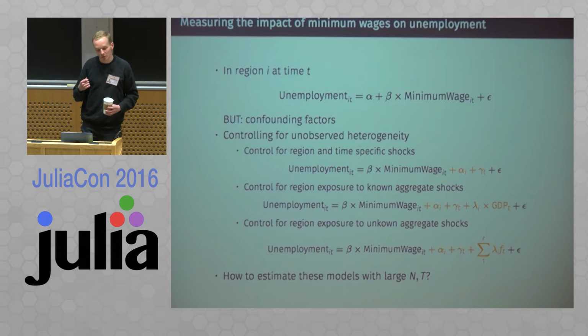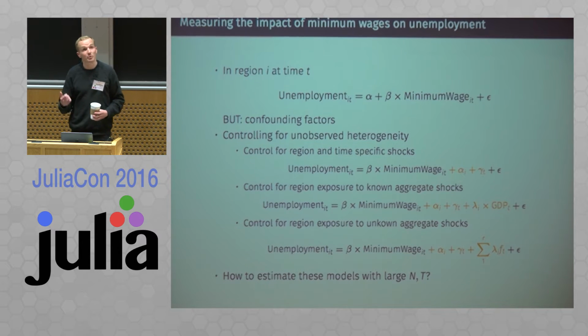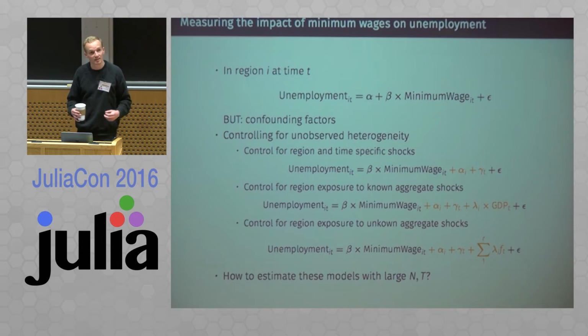It allows you to remove all the between differences across regions to concentrate on what happens when the policy is implemented. For similar reasons, you want to capture time-specific shocks with a gamma_t.